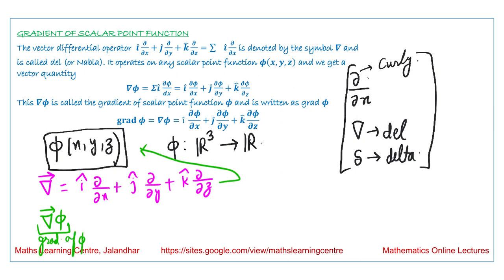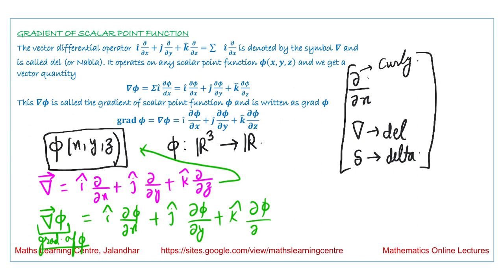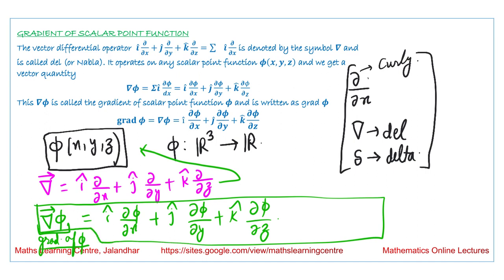When the del operator acts upon the scalar point function, we call it the gradient of phi, that is equal to i cap curly phi by curly x plus j cap curly phi by curly y plus k cap curly phi by curly z. So this is called the gradient of phi.